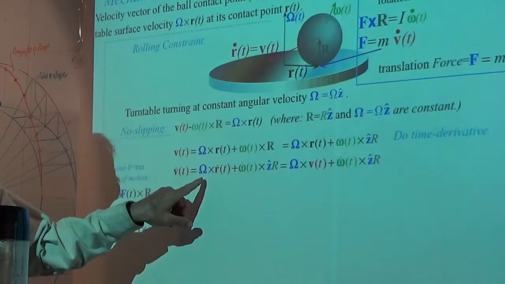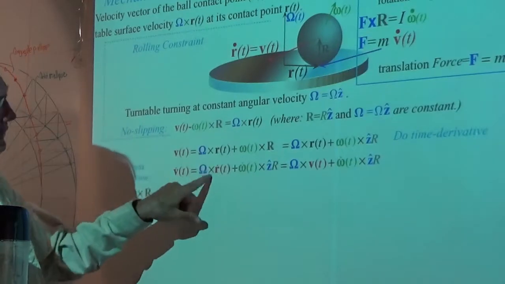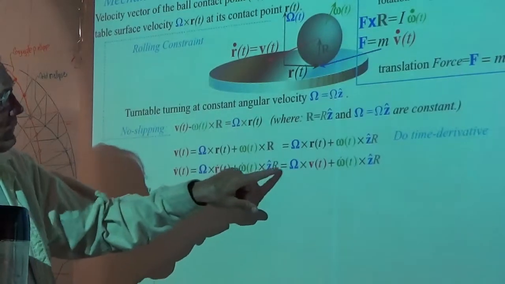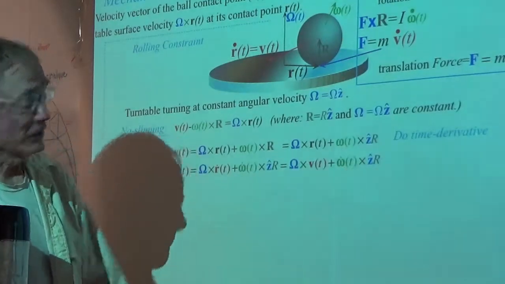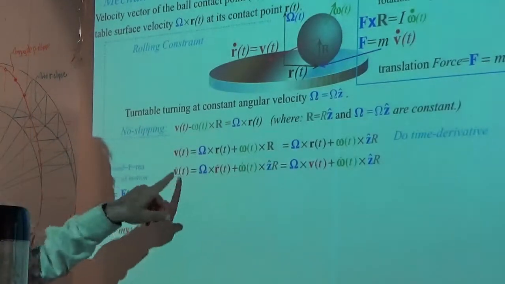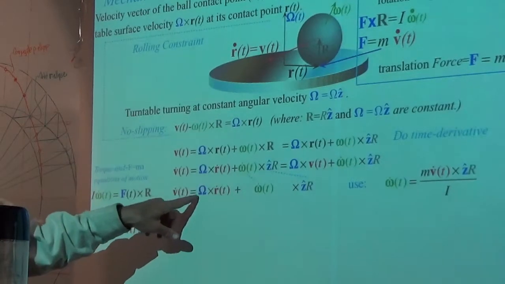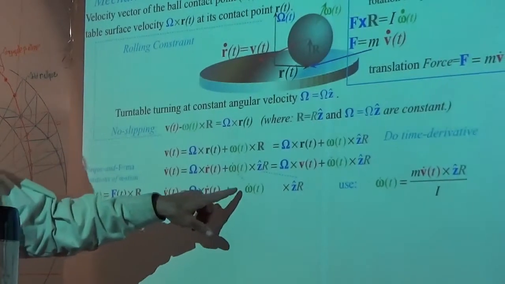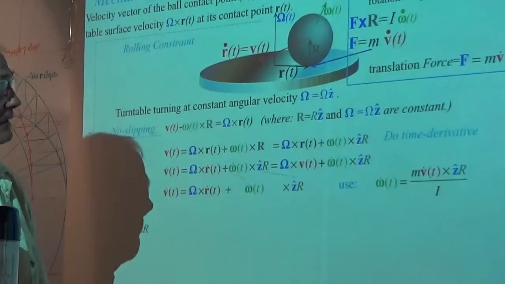Now let's see if this is, yeah. And then the constraint is demanding that velocity be this right here, which is omega cross v plus omega dot cross z. So we can put these two together. We get v dot equals omega cross r dot, plus omega dot cross z.